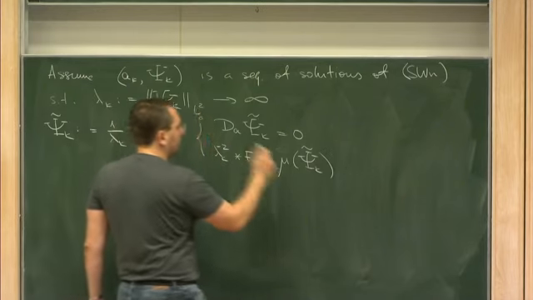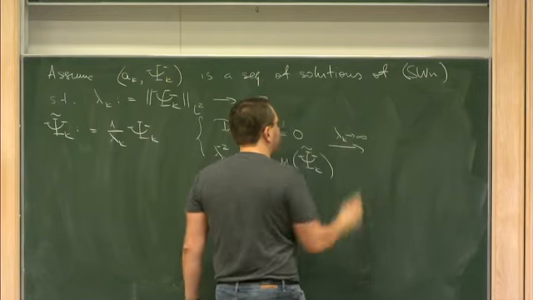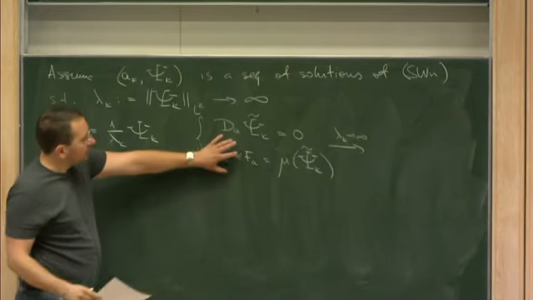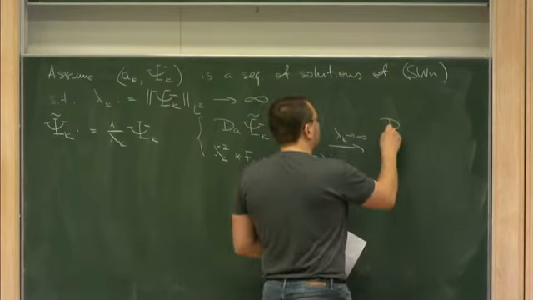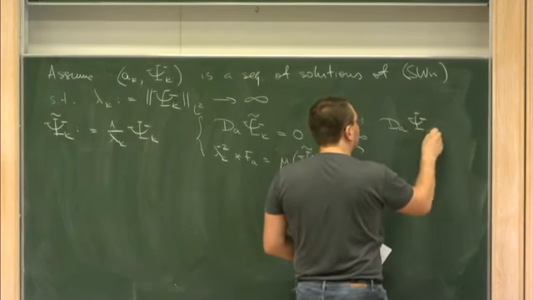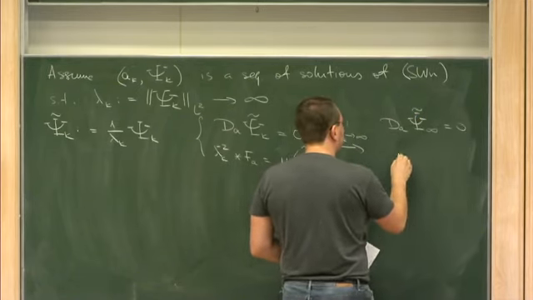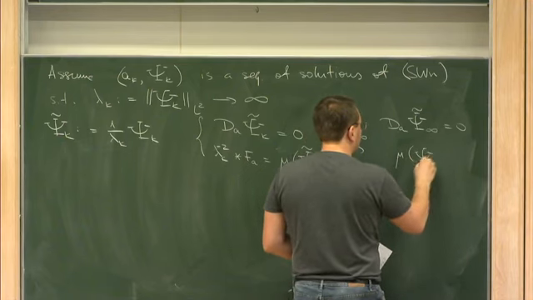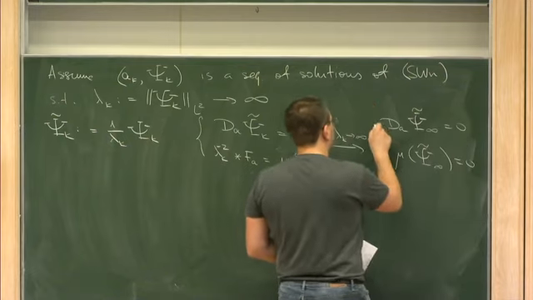And now, if you pass formally to the limit, when lambda_k goes to infinity, this will kill this term, right? And I end up with the following equation. So d_A psi_infinity twiddle is 0, and mu of psi_infinity twiddle is 0.